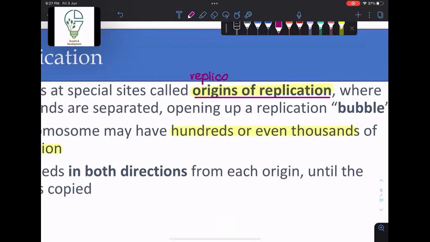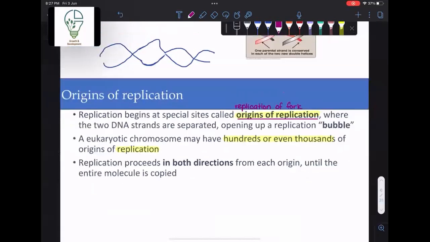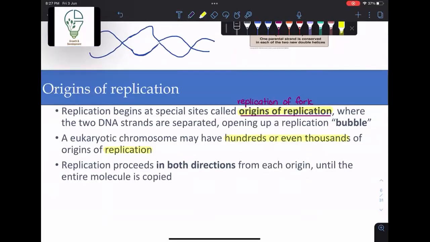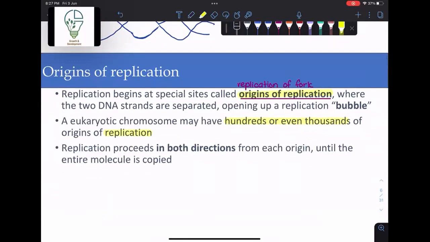So in the exam, if you have this term, do not freak out, okay? In eukaryotic cells, each cell can have multiple origins of replication occurring, and so the division of DNA occurs in both sides.